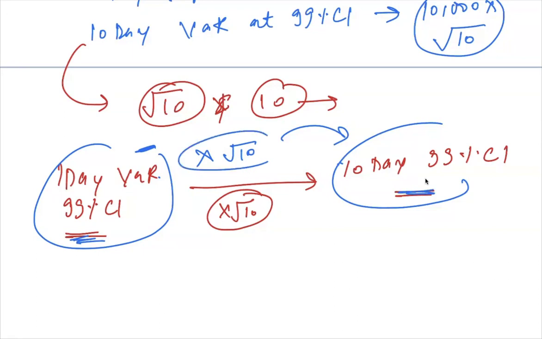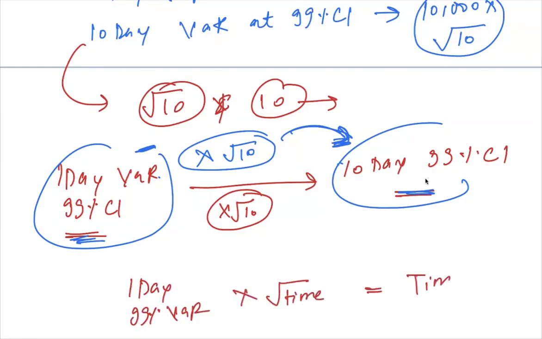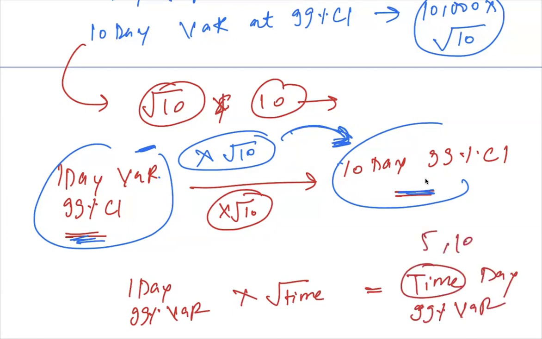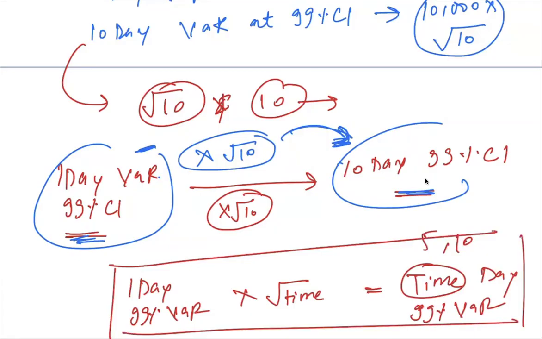You'll see that when you multiply with square root of 10, that's where you get this value, and that's where the researchers said, let's standardize this: multiply whatever we are getting with the square root of time to get the time at 99% value at risk. This time can be 5 day, 10-day, and so on. Is this clear to everyone? Okay, perfect.